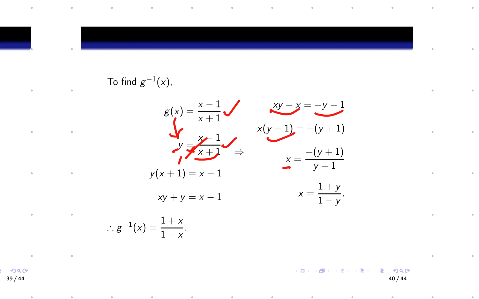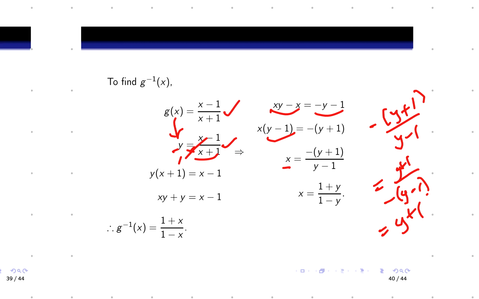Interestingly, this is minus y plus 1 all over y minus 1. Now, this is the same thing as saying y plus 1 all over minus y minus 1. The minus up can come down. So you have y plus 1 all over minus y plus 1. So this can now be 1 minus y.